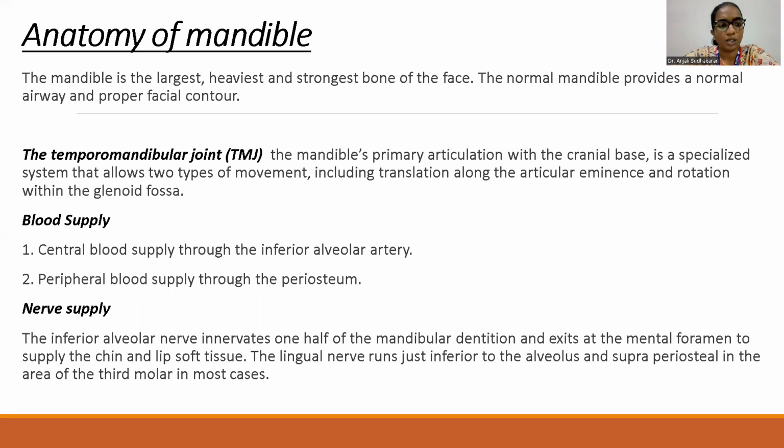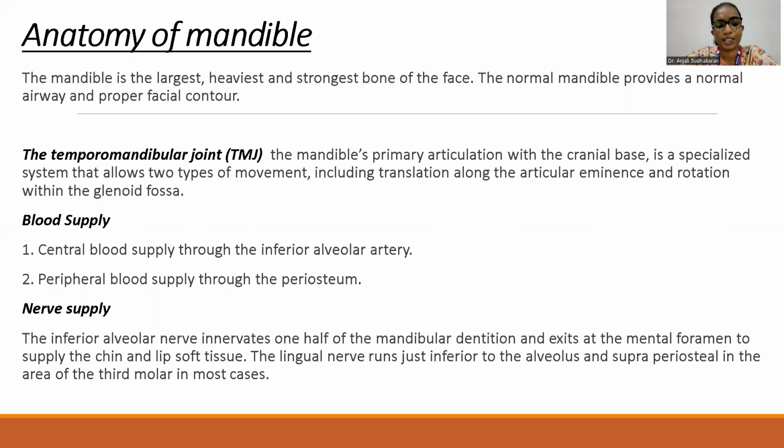Now we'll start at the top, the temporomandibular joint, which forms the articulation of the mandible to the cranial base. It has different types of movement, being translation and rotation in the glenoid fossa. The temporomandibular joint is supplied by the inferior artery, and the periosteum of the mandible itself is supplied by the peripheral blood supply.